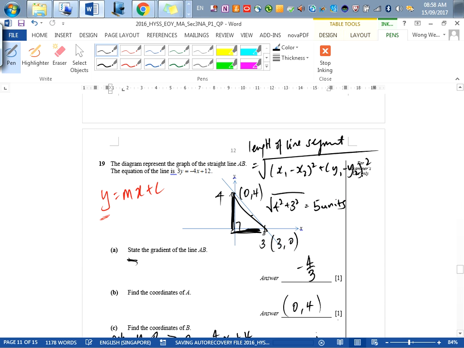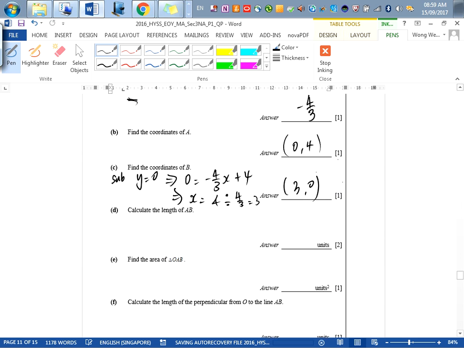Instead of using the formula, I can just use Pythagoras. In this case only. Because they are very nice to you, they put the points at the x and y axis. Otherwise, you will need to substitute inside here. So over here we have AB equals 3 squared plus 4 squared equals 5 units.